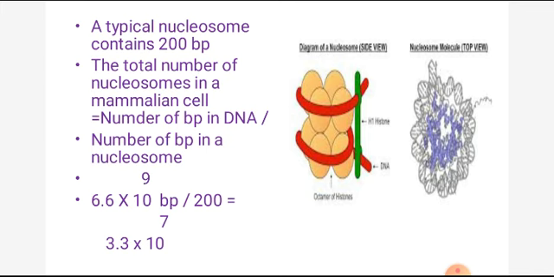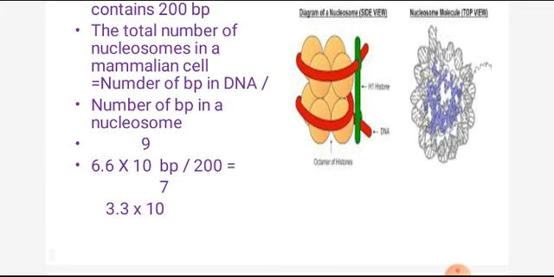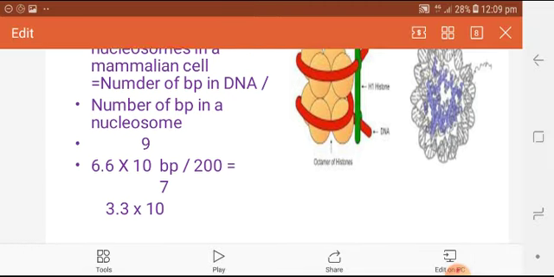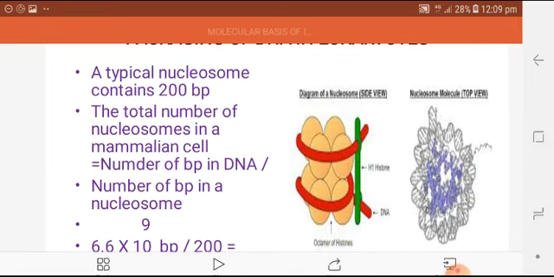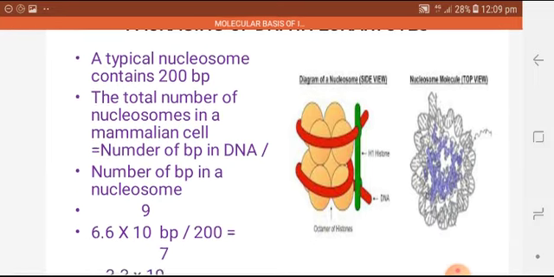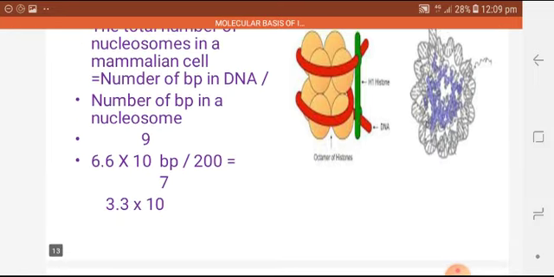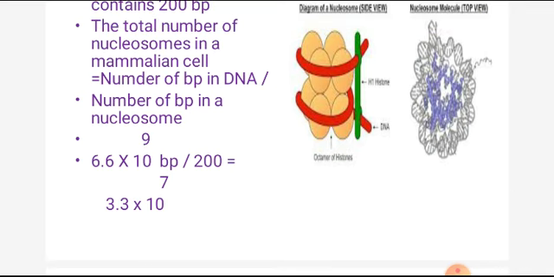The number of base pairs in a nucleosome equals 200. Then the total number of nucleosomes in a mammalian cell equals 6.6 × 10^9 base pairs divided by 200, which equals 3.3 × 10^7.